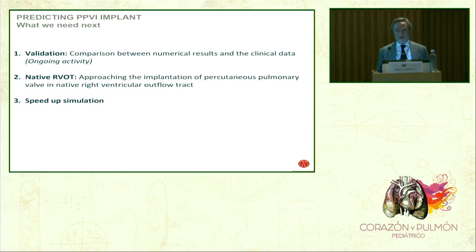When 2 years ago the bioengineers started doing this work to simulate an expansion of the stent, this process took approximately 1 week, 10 days to simulate. That's a very long process with sophisticated computers, but now we are progressing and speeding up the simulation very much.